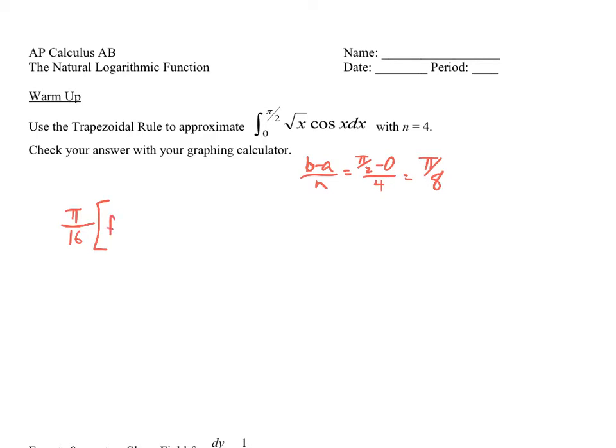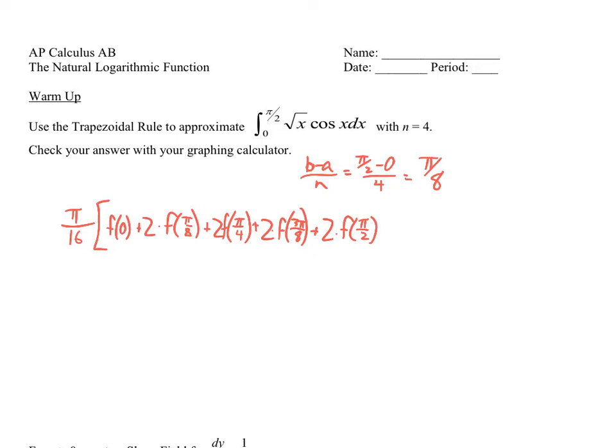So we're going to start at f of 0, since that's the left-hand side, plus 2 times f of pi over 8, plus 2 times f of 2 pi over 8, or pi over 4, plus 2 times f of 3 pi over 8, plus 2 times f of 4 pi over 8, or pi over 2. And we have reached the right-hand side of our interval.